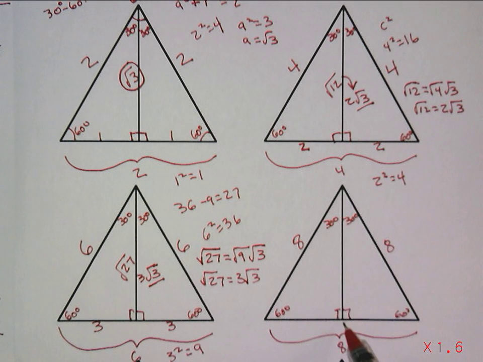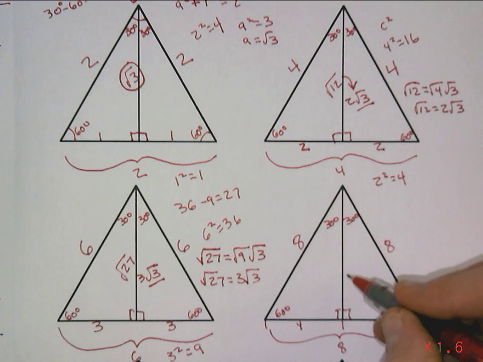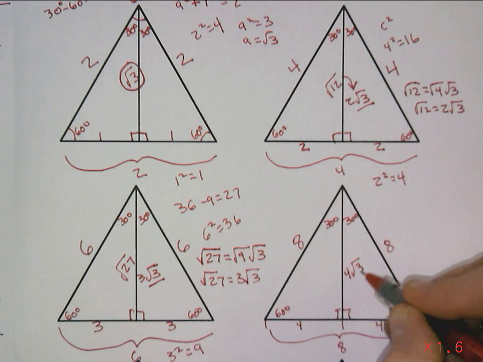So halfway across is going to be 4, and this length right here is then going to be 4 square roots of 3.